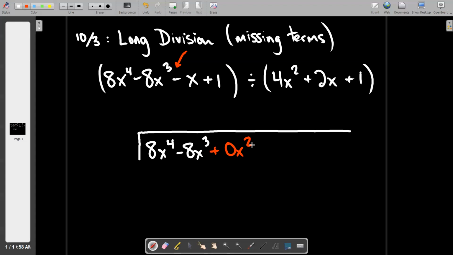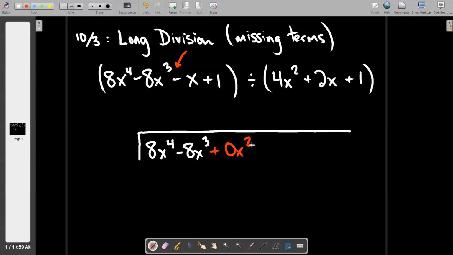And so long story short, you want to fill in all the gaps as you go. If your dividend has any missing terms, fill it in. If your divisor, the one on the outside, has missing terms, our second example will be one of those, we fill it in. Yeah, and honestly, it doesn't matter. That's a really good question, but plus 0 and minus 0 kind of have the same effect, but plus will probably be easier for us just to not get confused.